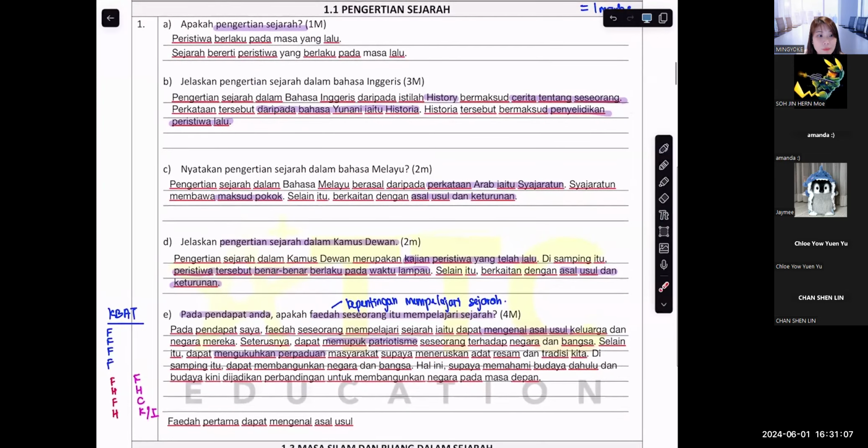Kepentingan. Pada pendapat anda, faedah seseorang itu mempelajari sejarah. This one you can get your answer from where? From your subtopic 1.7. Guys, do you know that at times your kepala soalan can be fakta answer, meaning from your notes.